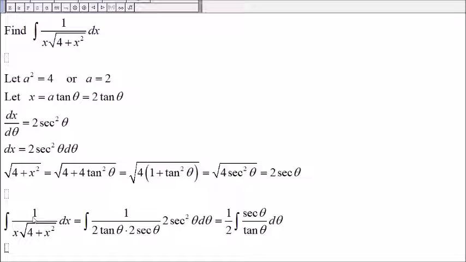And so the integral of 1 over x times the square root of 4 plus x squared is equal to 1 over x, which is 2 tangent of theta; the square root of 4 plus x squared is 2 secant of theta; dx is 2 secant squared d theta.